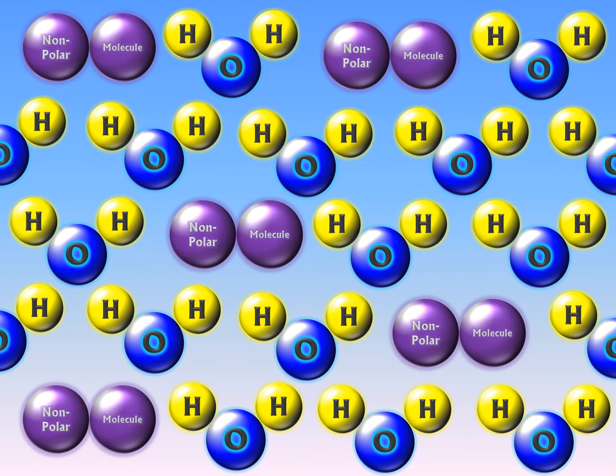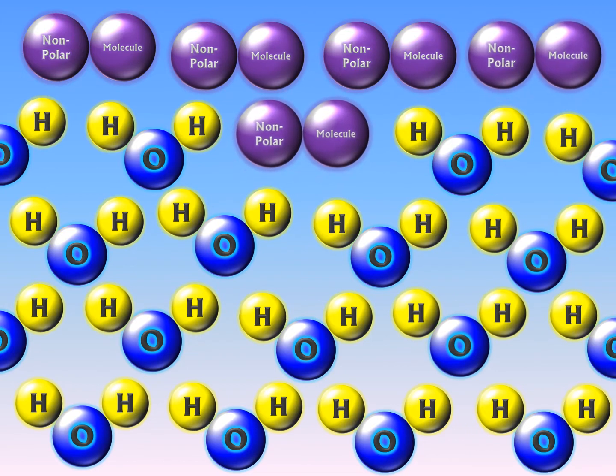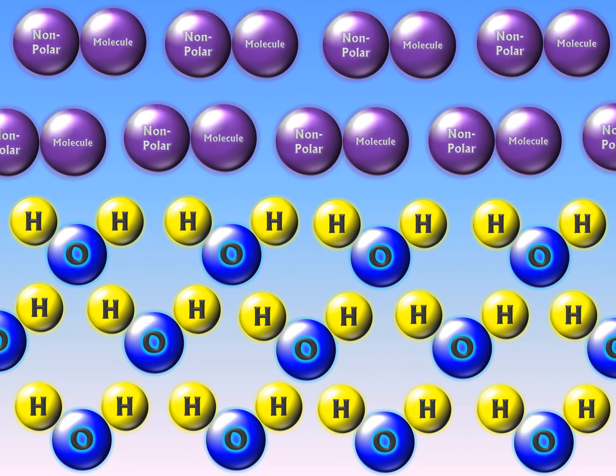So what water molecules actually do is they basically shove them out of the way to get to the other water molecules, like so. And then you wind up separating out the two chemicals. Well, does that look homogeneous? That is clearly heterogeneous. You get a separation of the two chemicals into layers.